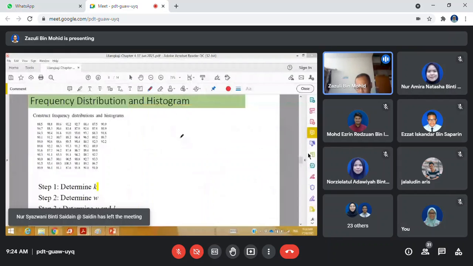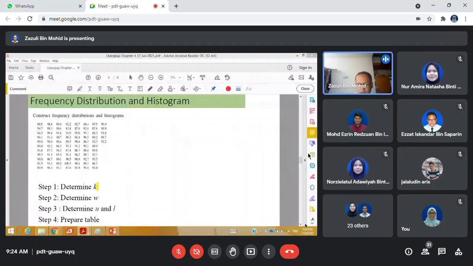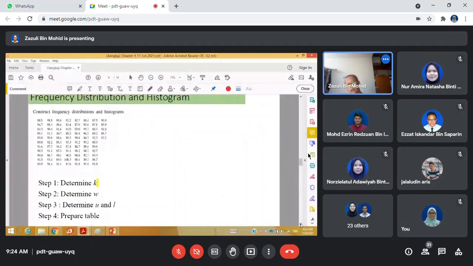In today's slide, I also include one example of the histogram distribution solving method. In histogram, the first step, you must first get the value of K, then W, U, and L, the upper limit and also the lower limit, and you have to prepare the table.